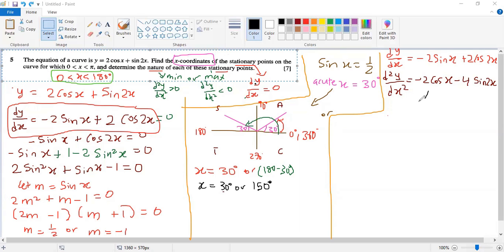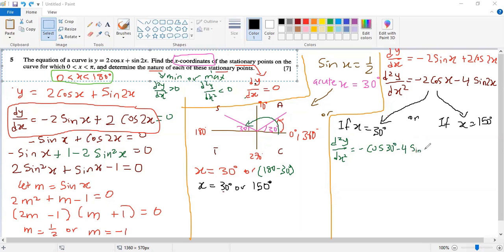So we want to substitute for each of these separately. If x equals 30 degrees, or in the other one, if x equals 150 degrees, what happens? I personally prefer to write it in degrees, more used to it than taking radians, though they put that in radians. So the second differential evaluated here, just substitute the value as 30 degrees: minus 2 cos 30 minus 4 sin of 2 times 30, 60 degrees, like that.